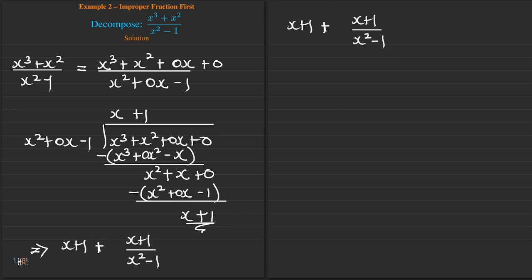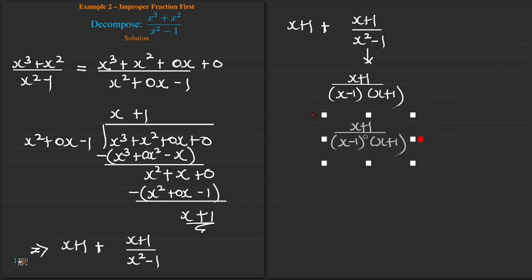Looking at what we have here, our focus is now going to be on this one. So the x plus 1 over x squared minus 1. And this can be rewritten as x plus 1 over x minus 1 and then x plus 1. You know, this is difference of two squares, you see. And obviously, the numerator is a factor of the denominator. So what are we going to do? We can do our cancellation.